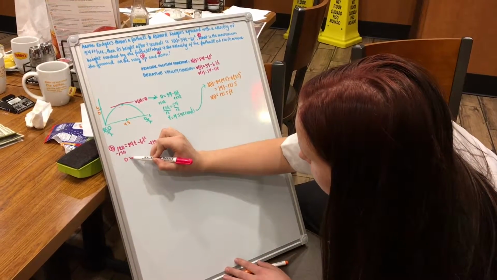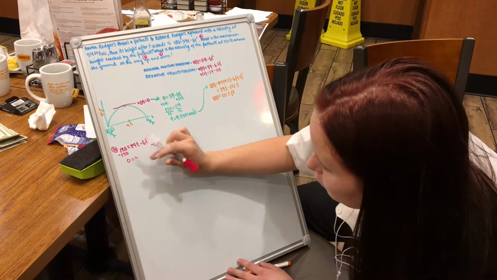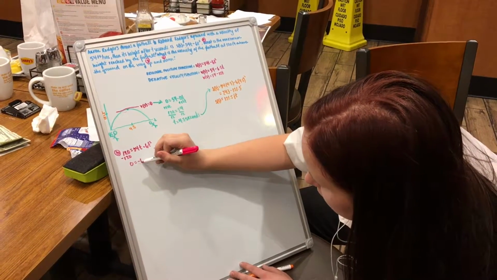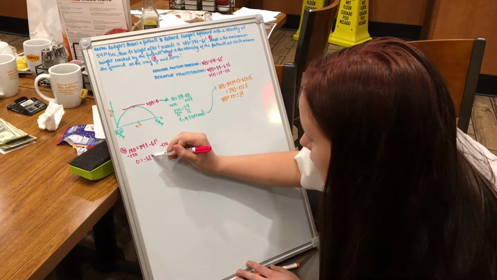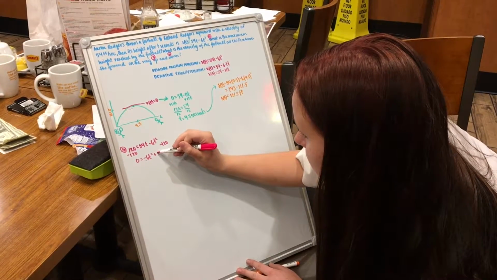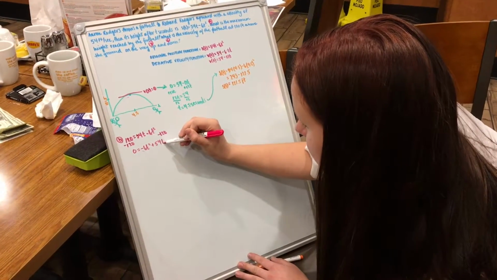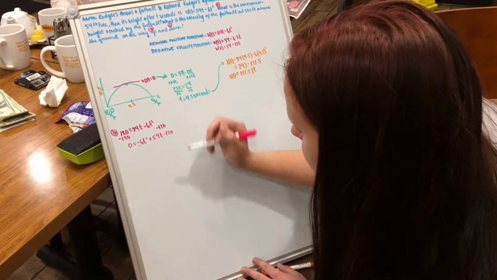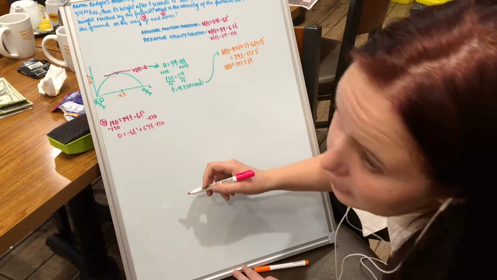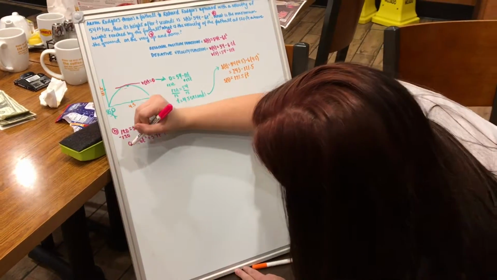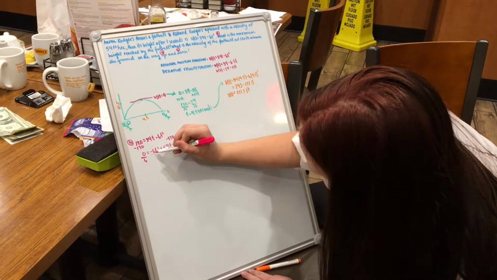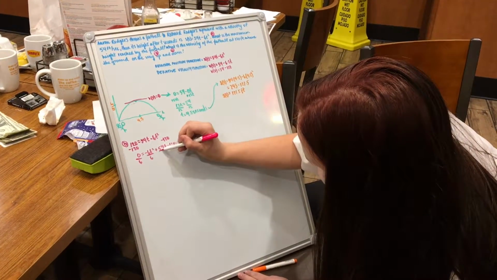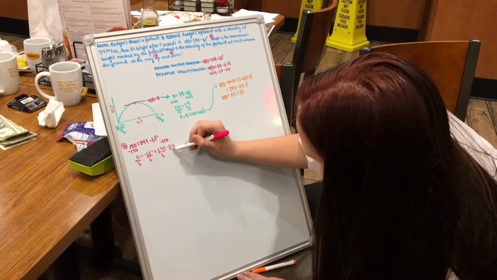We're going to get 0 equals, if we move things around a little bit, negative 6t squared plus 54t minus 120. Now, let's divide everything by 6 because they are all divisible by 6. So let's just go ahead and simplify here.